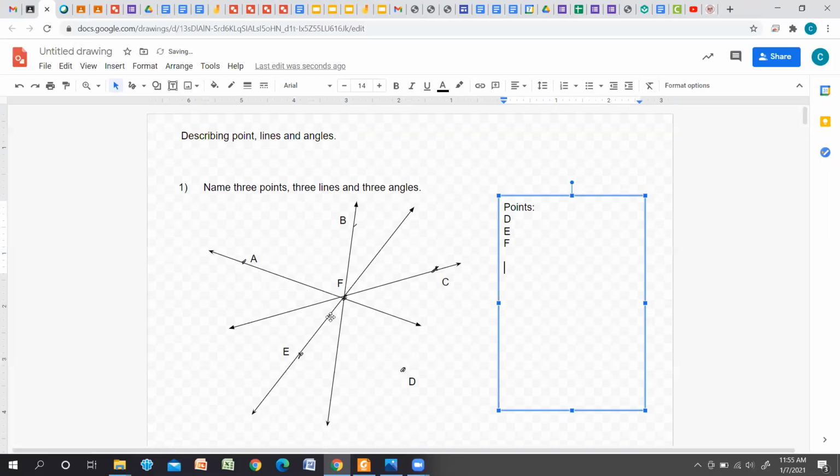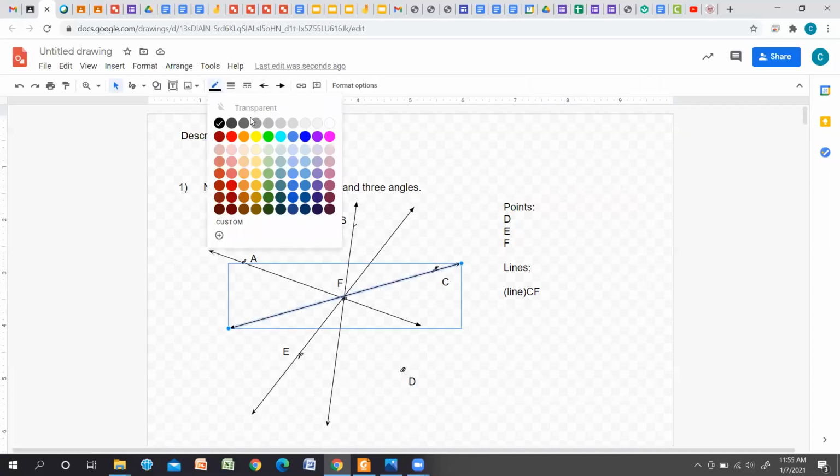And again, we're just practicing naming things. So lines, remember, you could write a line above, or you can just write line in parentheses to show it's a line. And we look here, you need 2 points to name a line. So I just look here, and they all go through the center here. So I say this line here has points C and F. You put C and F. That refers to this line here.